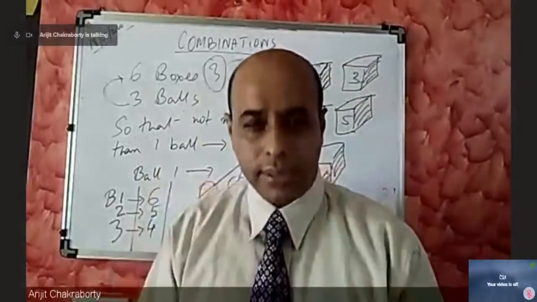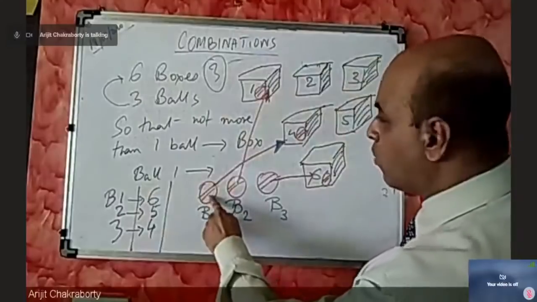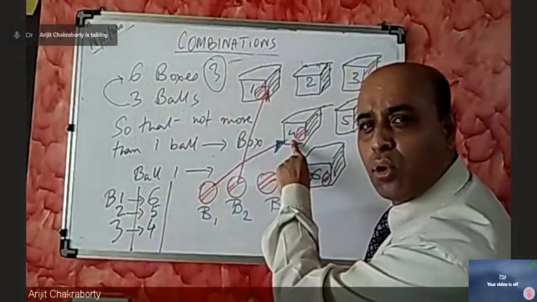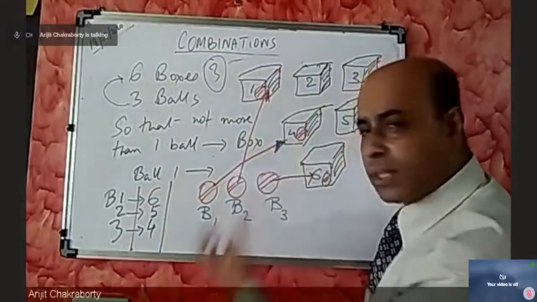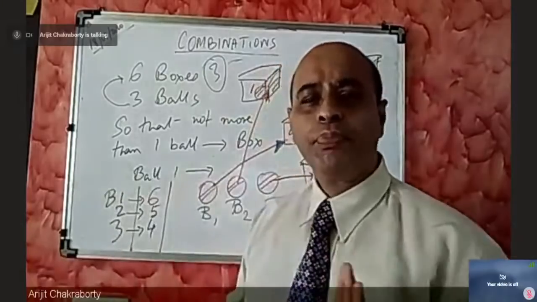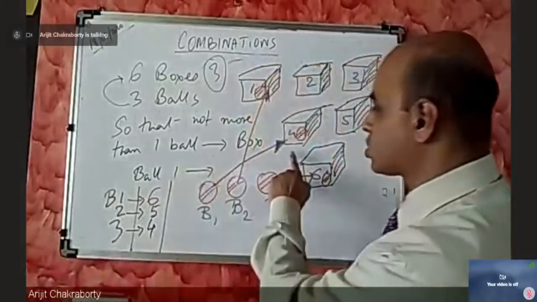They are related, because if I throw one ball and ball 1 lands in box 4, I cannot use box 4 for throwing another ball. I have to look for other boxes, but not box 4.